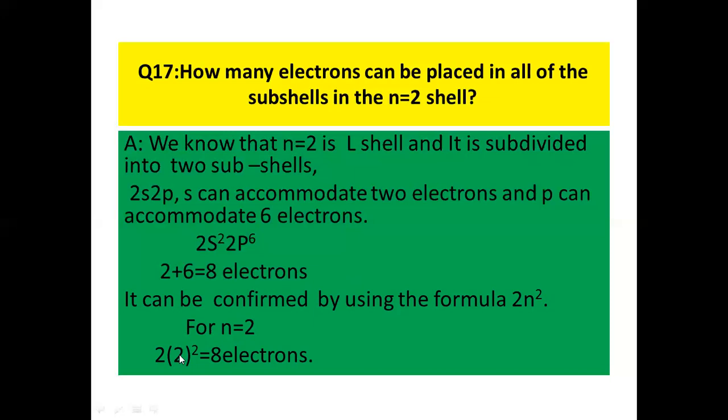By putting the value of n, which is 2, 2 times 2 squared, 2 fours are 8 electrons. So the answer is yes, it is correct that all the subshells in shell number 2 contain a total of 8 electrons. Separately 2 in s and 6 in p, but the total number of electrons is 8.